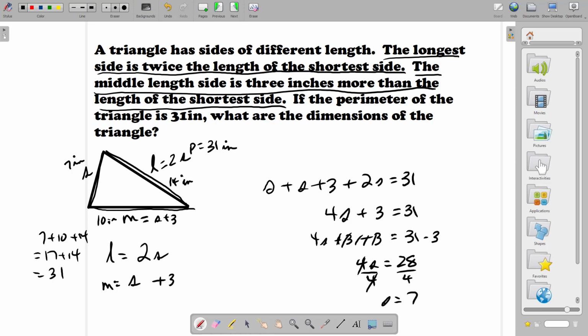Word problem, I'm going to give you a word answer. The dimensions of the triangle are 7 inches by 10 inches by 14 inches.